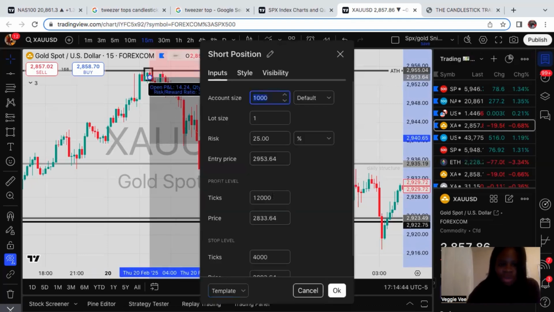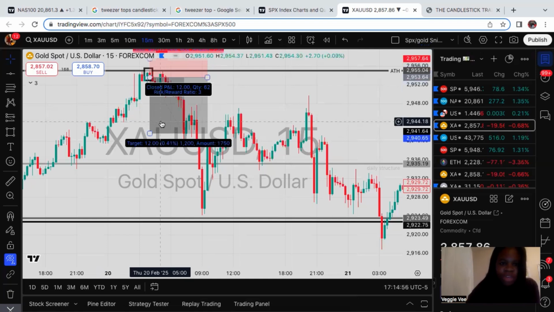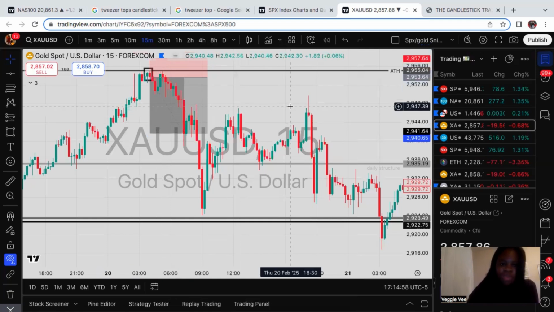So let's change that up a little bit. So there you go. And then the trade would have come back to test this area, and then it was smooth sailing from there. So this is definitely a strategy that you should get into using. Just basically understanding how the candlesticks work and why they work the way they do. So the psychology behind how they're printed.